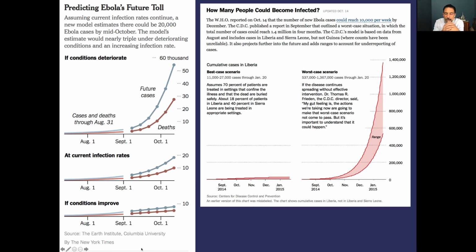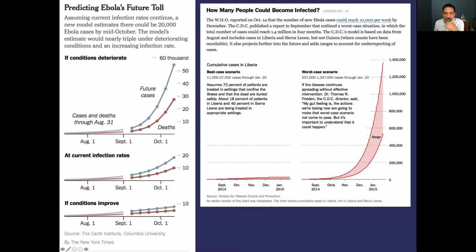And you'll remember from our last lecture that by the end of the West African Ebola outbreak in 2014, there were about 15,000 cases and 11,000 deaths. So just to put these numbers in context, by the end of the outbreak, there were about 15,000 cases and 11,000 deaths.